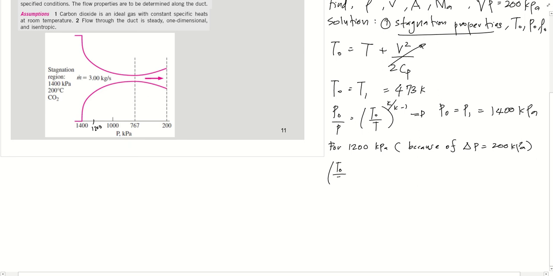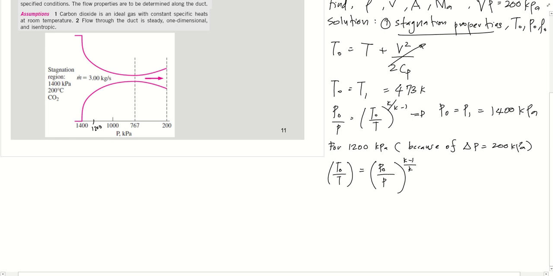T0 over T equals P0 over P to the power of K minus 1 over K.